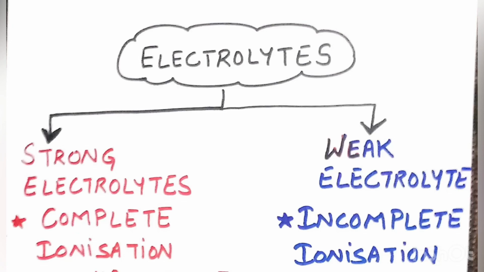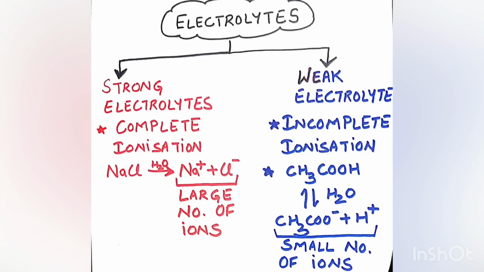If we consider a strong electrolyte like sodium chloride or common salt, and it is put in water, then the sodium chloride will completely ionize to give us sodium ions and chloride ions. Sodium ions are positively charged and chloride ions are negatively charged. These ions are available to us in large number because of complete ionization of NaCl, and that is why the salt solution is categorized as a strong electrolyte.